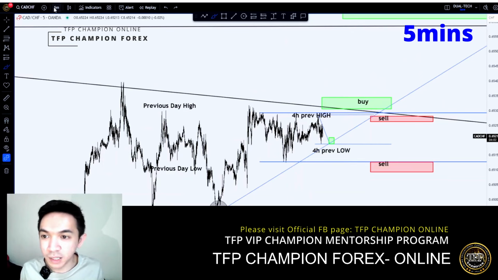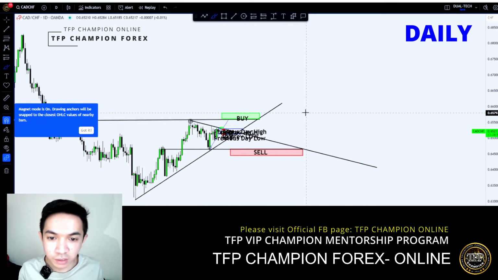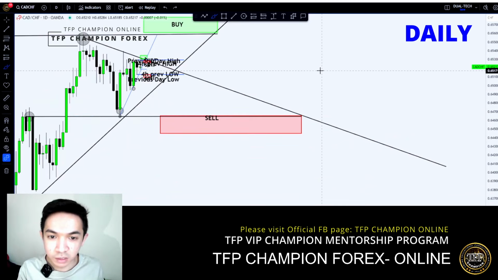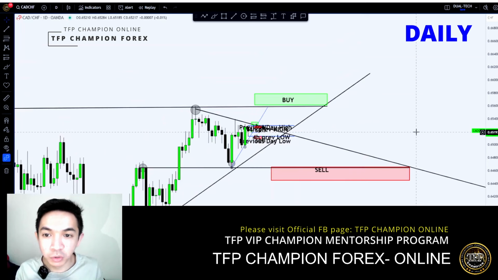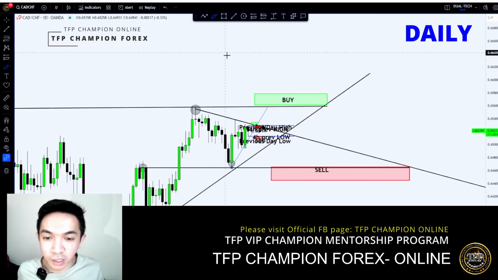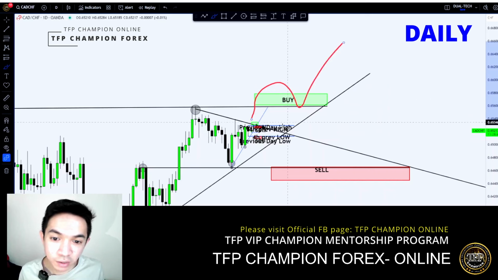So going back sa ating daily, okay, I'm still aware ano yung ginagalawan ko, di ba? So marami mang action na nangyayari sa lower time frame but still I know my long-term view for me to take a long-term trade or long-term perspective trade. Nasaan yun? Dito pa or dito.